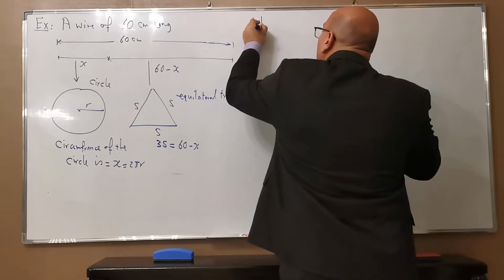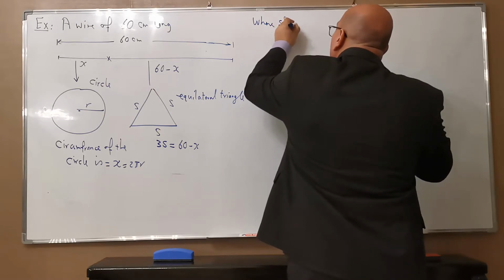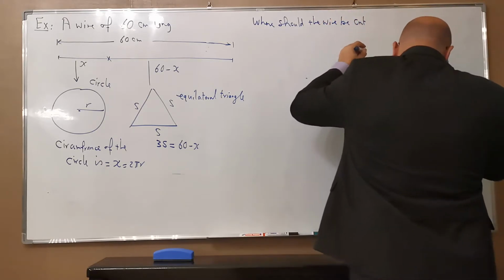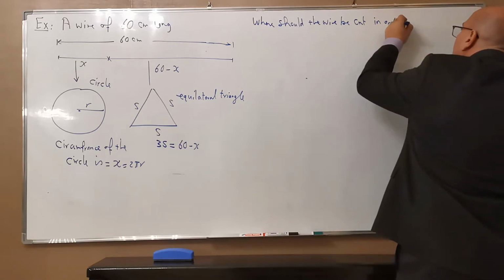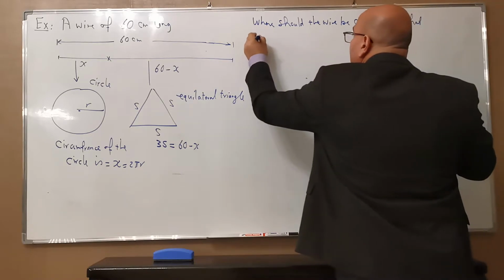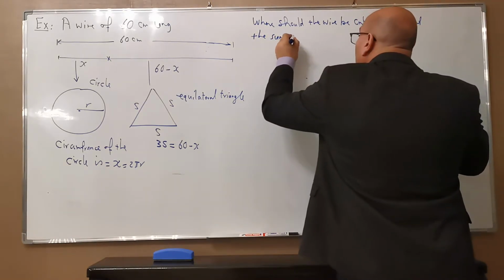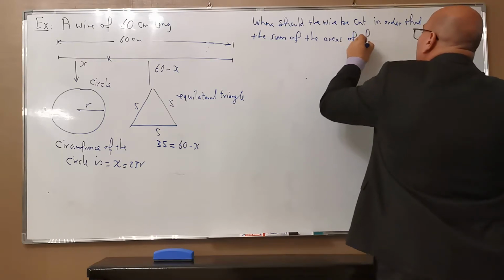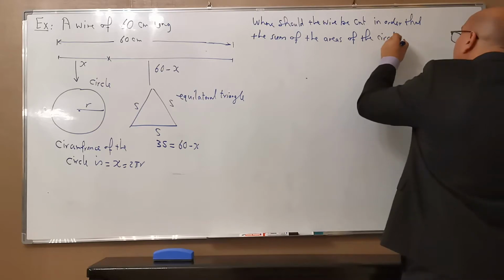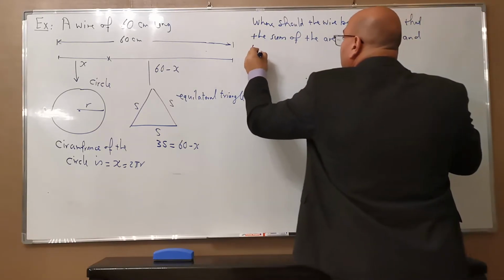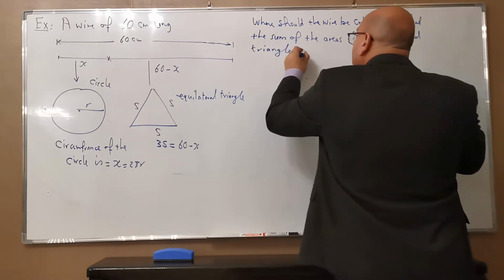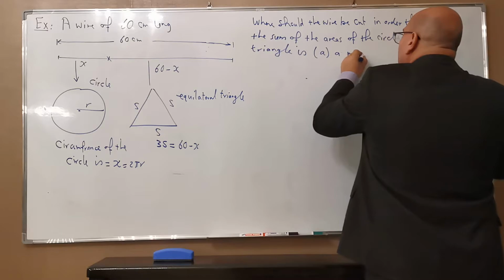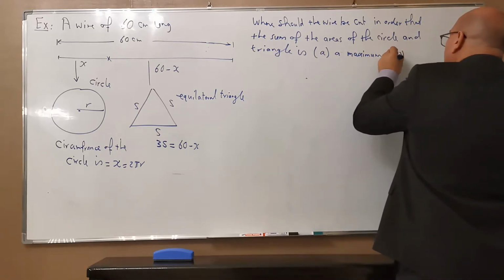Where should the wire be cut in order that the sum of the areas of the circle and triangle is (a) a maximum, (b) a minimum.